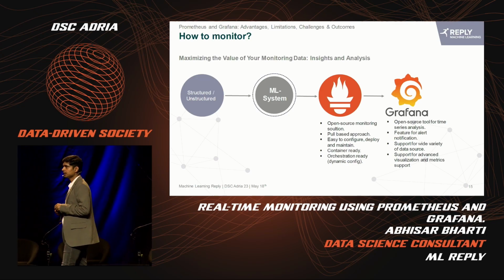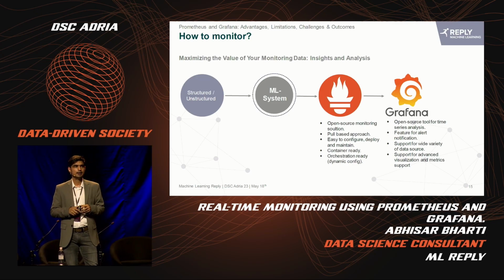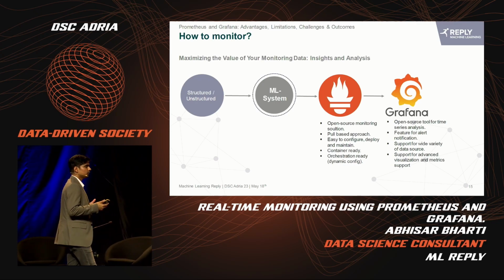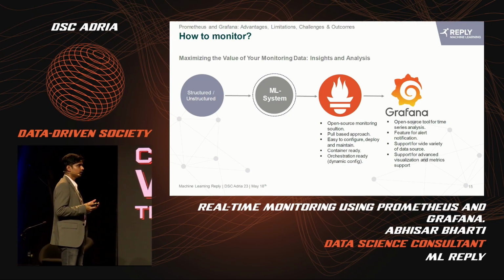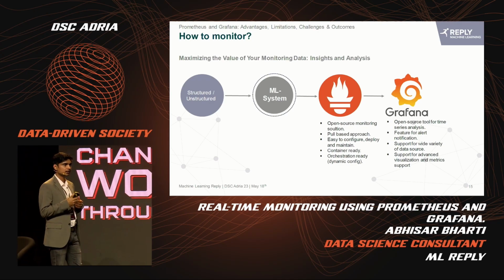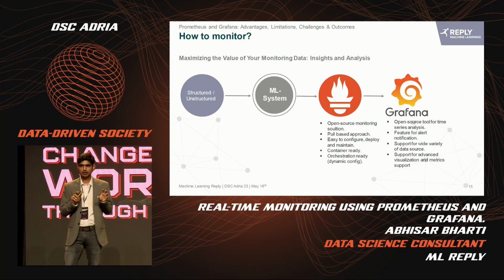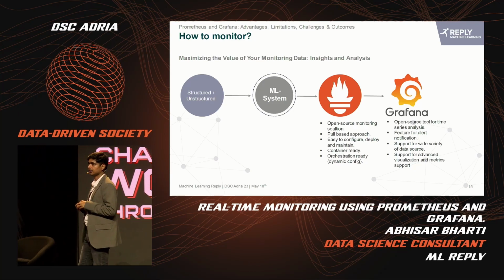So for example, one of the things that Prometheus provides is dynamic orchestration. So you can apply a new config without the need to restart. It gets applied directly and you don't need this abrupt stoppage in your normal working environment.